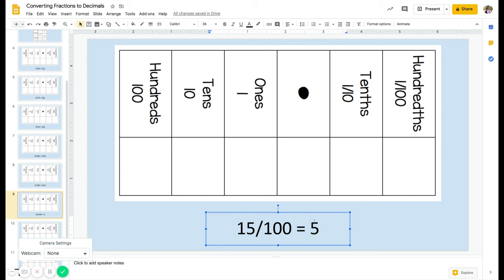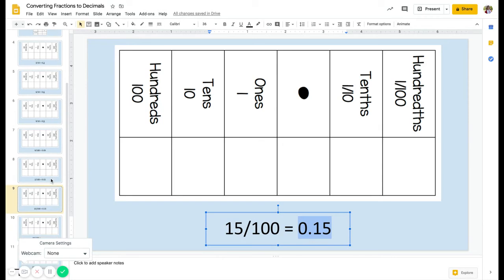So I have a 5 in the hundredths, but I don't just have 5 hundredths, I have 15. So I'm going to put my 1 there, and I have 0 wholes. So if you were to see this up in this place value chart, it would be 0 and 1 tenth, 5 hundredths would be 15 hundredths.